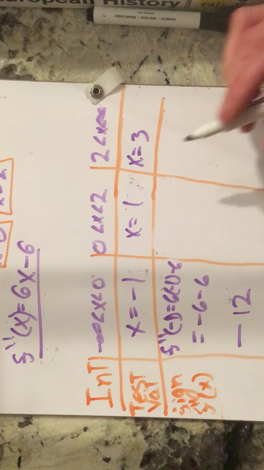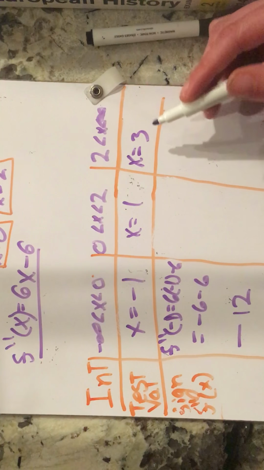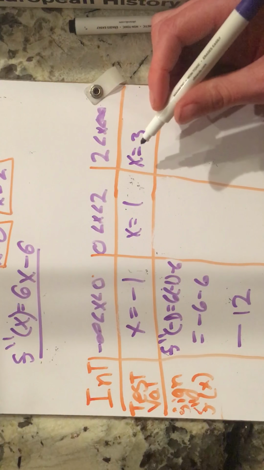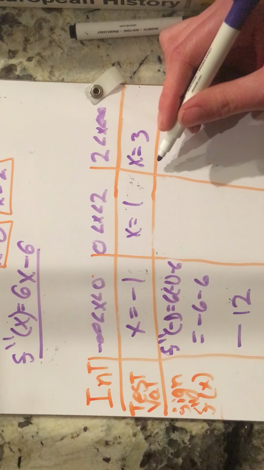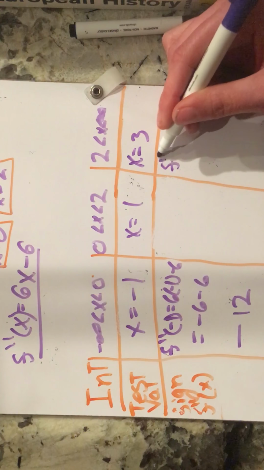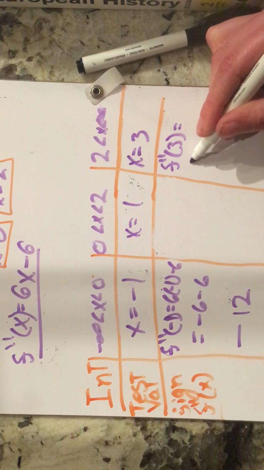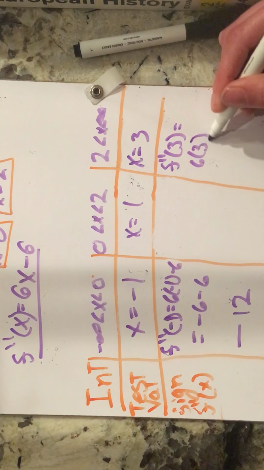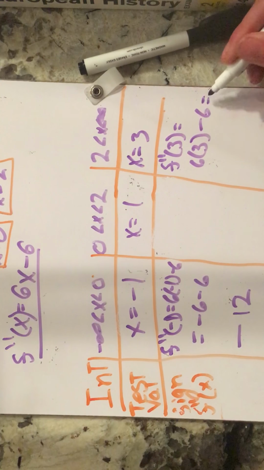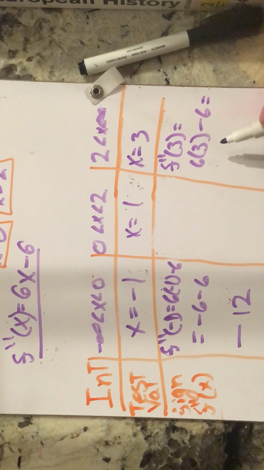Then let's look at our interval from 2 to infinity. f double prime of 3 is equal to 6 times 3 minus 6. We know this is going to be positive: 6 times 3 is 18 minus 6.